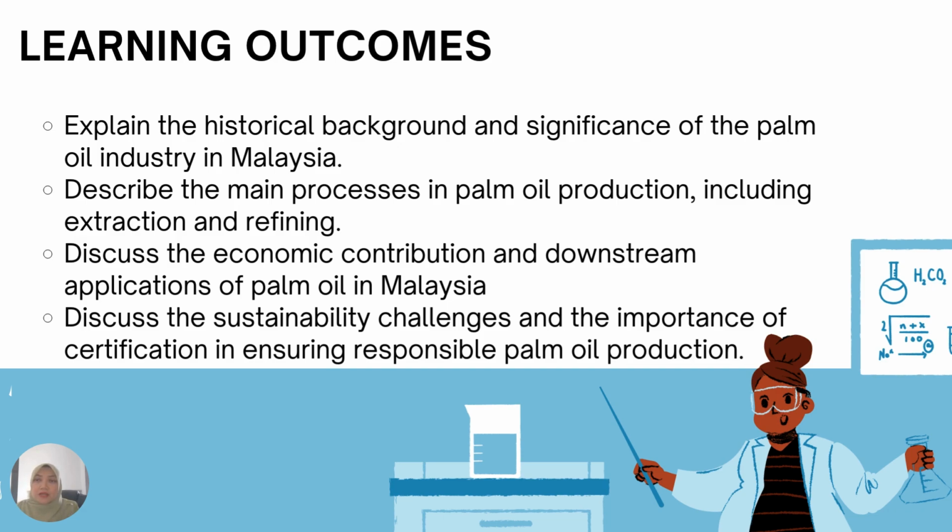By the end of this presentation, you should be able to explain the historical background and significance of the palm oil industry in Malaysia, describe the main processes in palm oil production, including extraction and refining, discuss the economic contributions and downstream applications of palm oil in Malaysia, and last but not least, discuss the sustainability challenges and the importance of certification in ensuring responsible palm oil production.